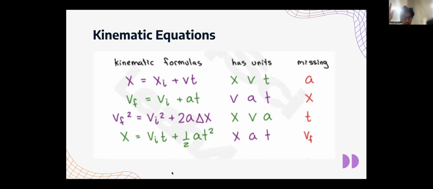Going on to this last equation, right? The distance is equal to v sub i t, which we can kind of see from up here, right? Do you see that same pattern where we use the initial velocity times t?